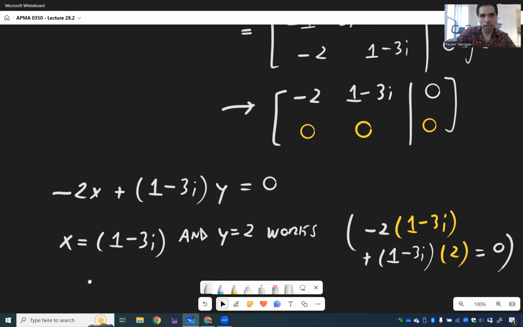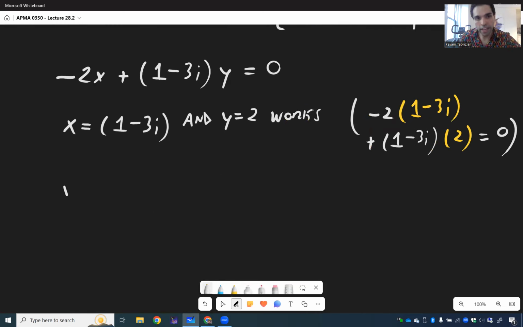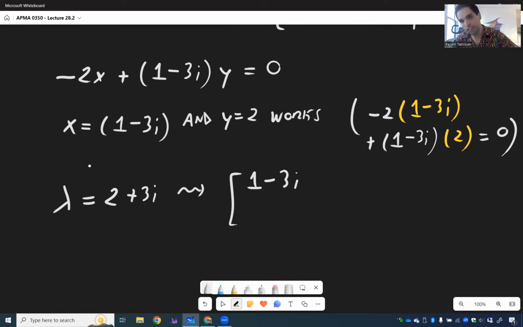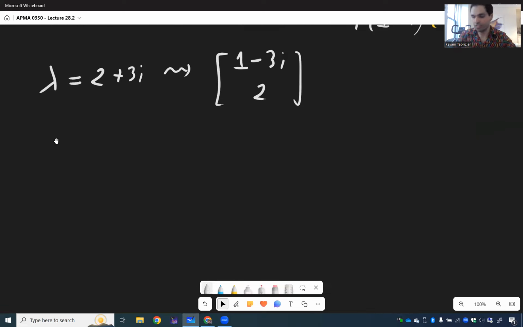And so this tells you that for lambda equals 2 plus 3i, a corresponding eigenvector would be (1 minus 3i, 2). And again, I do want to mention there are multiple different answers that are all correct. So if you got a different answer from your colleague or your classmate, it's okay. There are many different answers here that work.